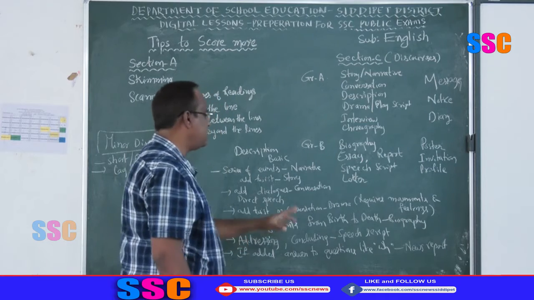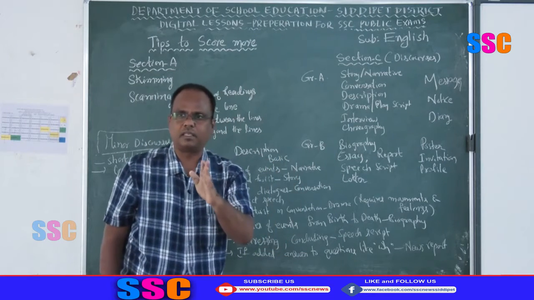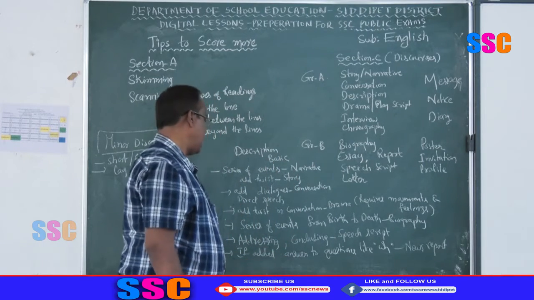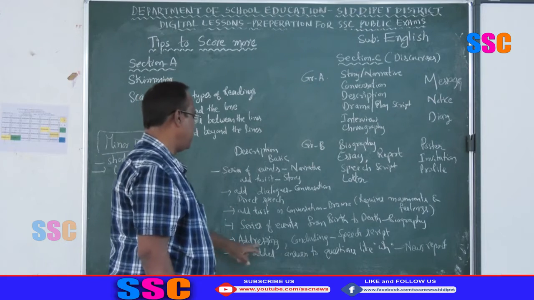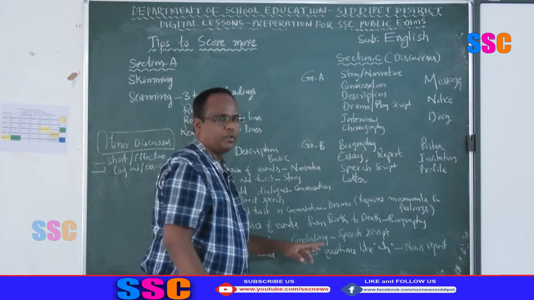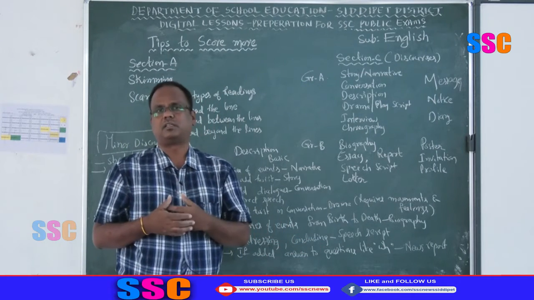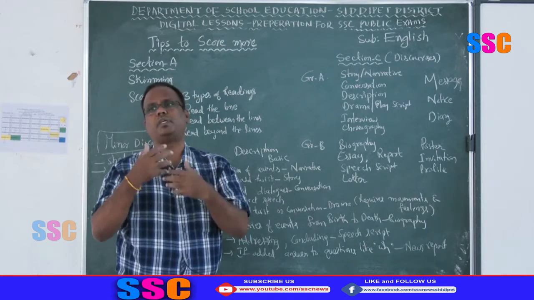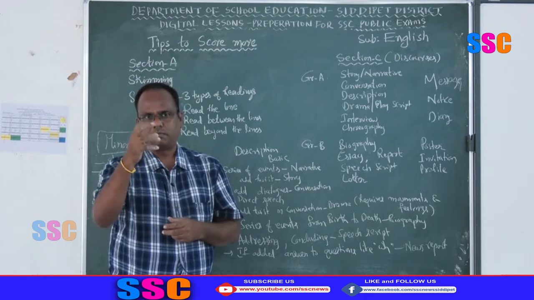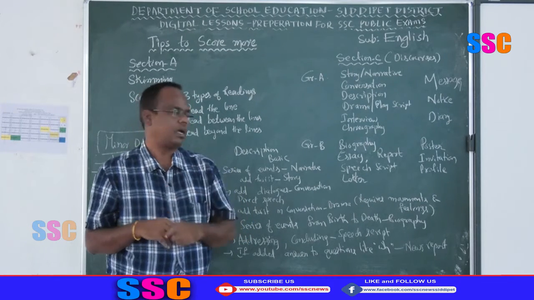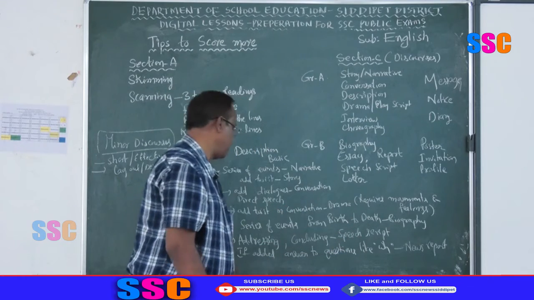Now, if you write a series of events from birth to death, it becomes the biography. And if you add some lines which conclude any idea, that becomes the speech script.